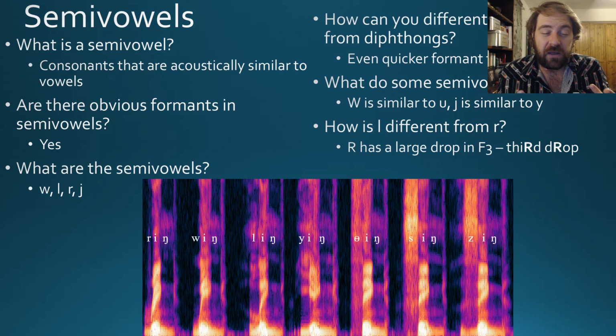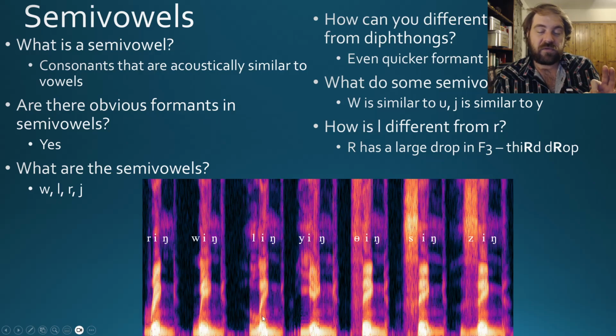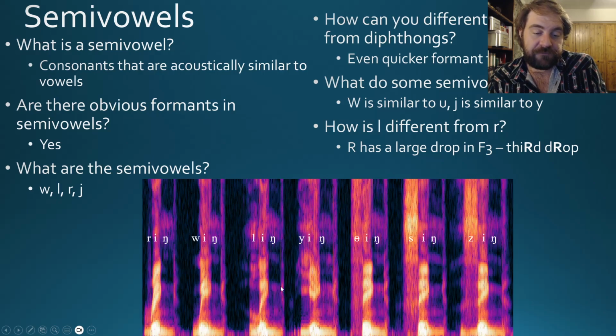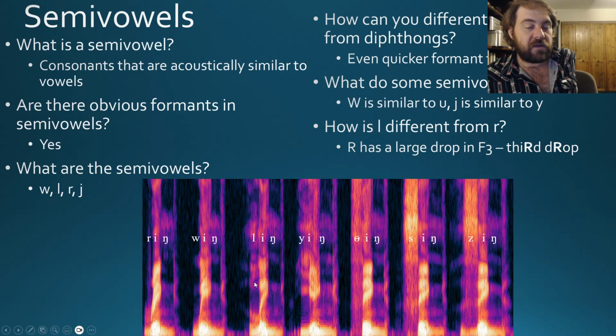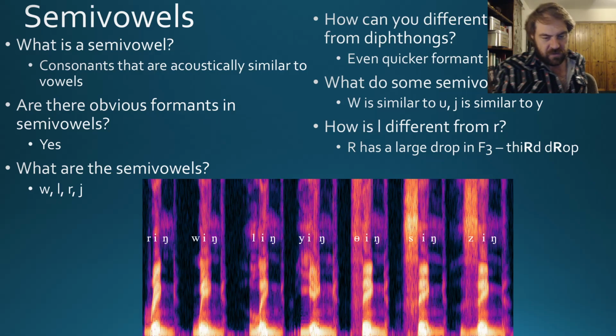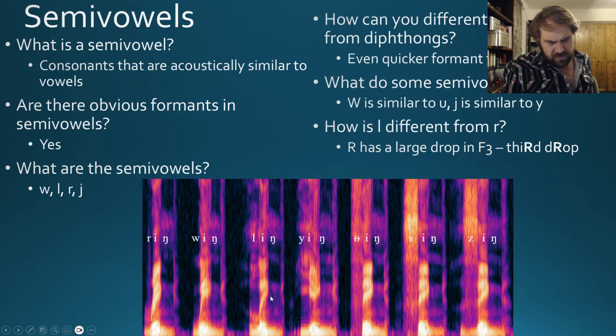Okay, ling, you've got your second formant coming up. It's low for the L. But here you can see it popping up, and third formant doesn't do much movement at all. Second and third, I should say. No, just third. Third stays put, second is this drop right here.